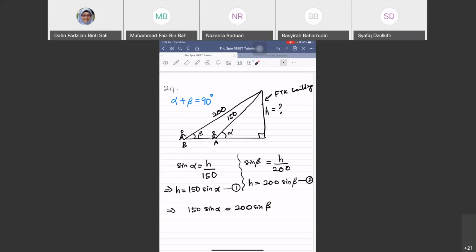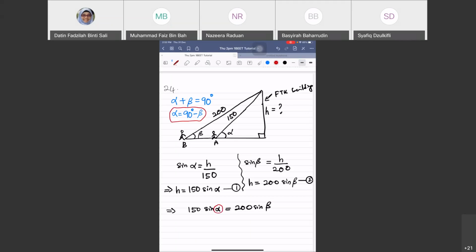So let's say I express this equation with alpha in terms of beta. I take this and substitute into here.